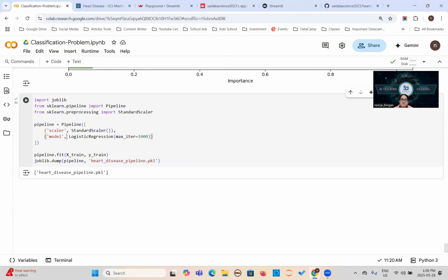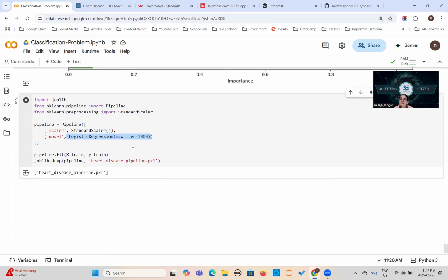I'm only saving the model with the logistic regression because this is giving me the highest accuracy, and even in the confusion matrix it has fewer false positive cases, right? Sorry, false negative cases. Because a patient has a heart disease, but your machine is saying no, they don't have a heart disease. So sorry about that.